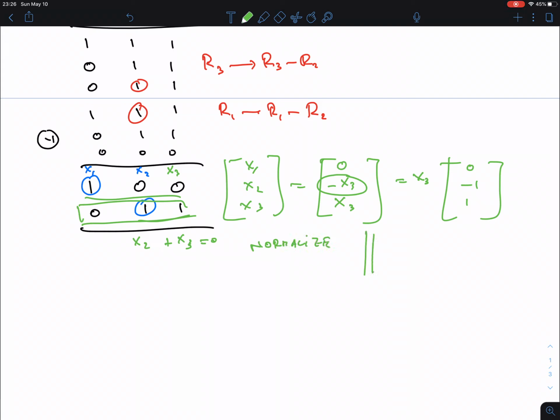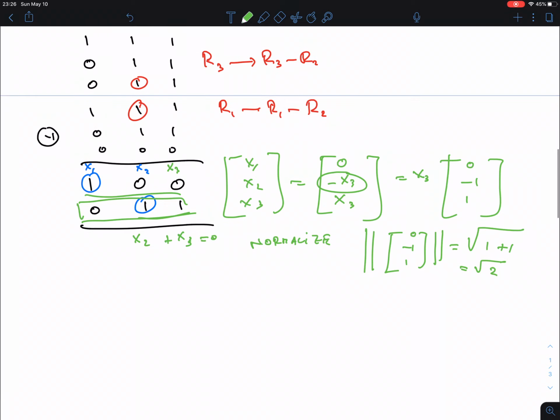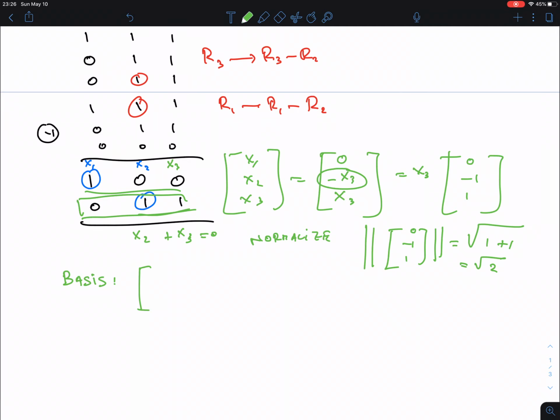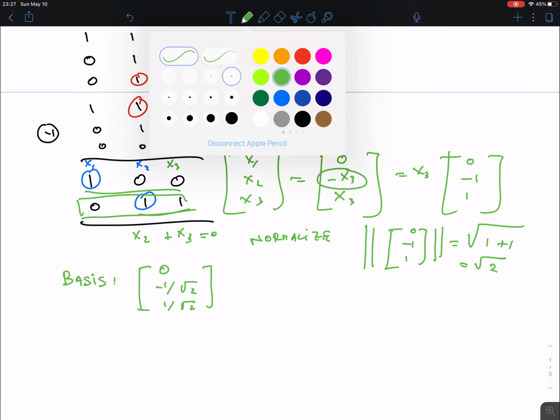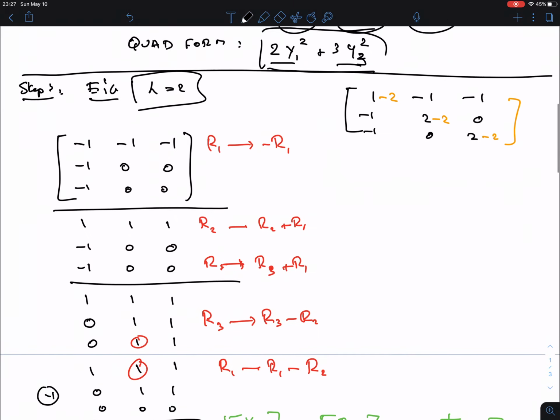So we take the norm of this fellow, and that is the square root of 1 plus 1, that is square root of 2. So our orthogonal basis is 0, minus 1 over radical 2, 1 over radical 2. Okay, that's for lambda equals 2.